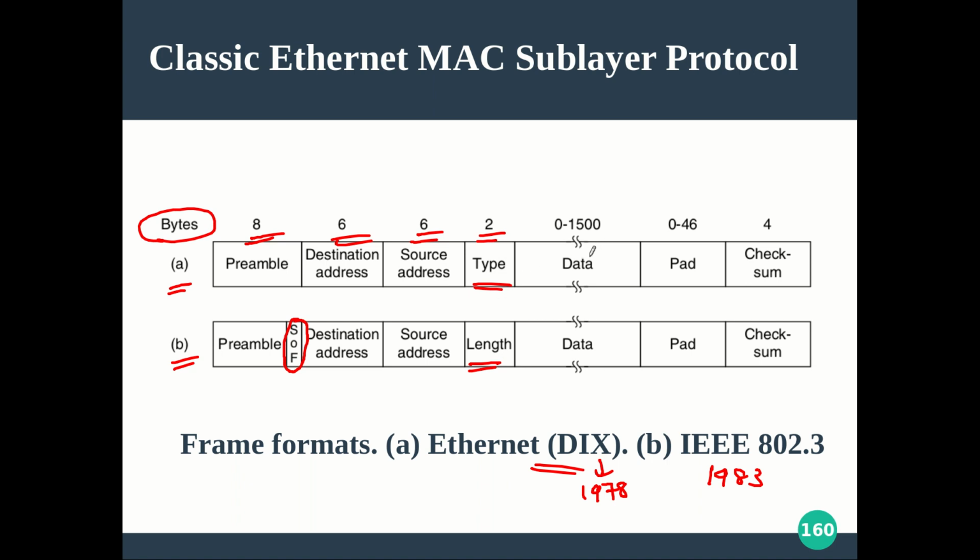And data has a restricted size of 0 to 1500 bytes, the actual information to be communicated in both. There is also a minimum size for data, which is 46 bytes.